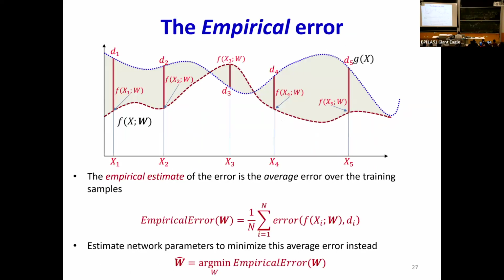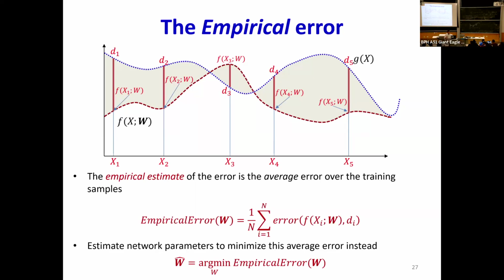So if you go back to our original picture, this is what we will have. Instead of having the function g of x everywhere and being able to quantify the shaded area, all we will have is an empirical collection of inputs, x's, and the corresponding g's, which are the value of the function at these x's.